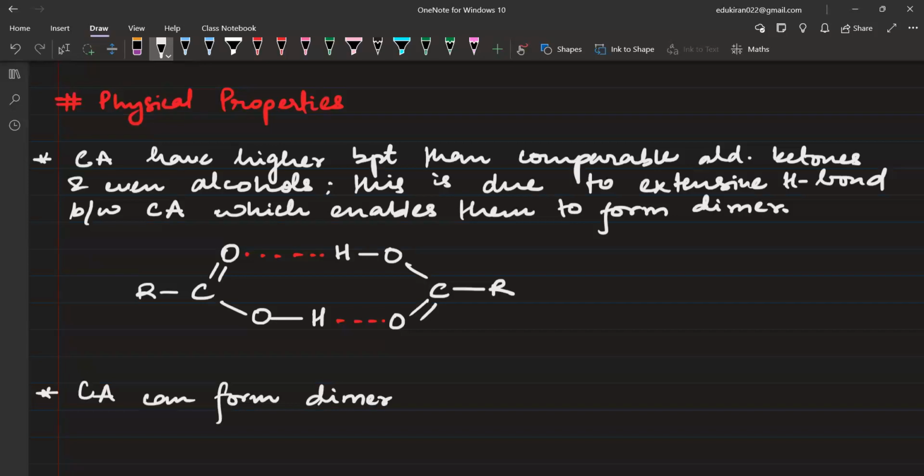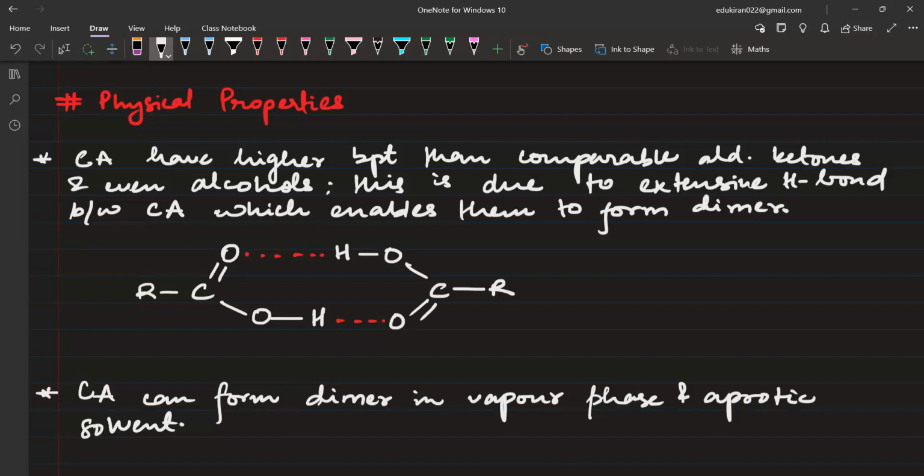Now, right next, the second point is carboxylic acid can form dimer in vapor phase and aprotic solvent. Okay, so it can also form dimer in vapor phase.